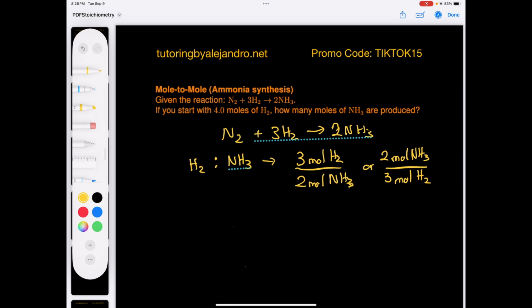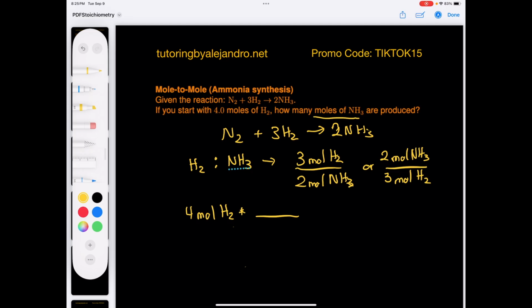Now we're going to decide which of those mole ratios, or unit factors, to use. We have to make sure we end up with moles of NH3 in the end. So let's write out the full units. We have 4 moles of H2 multiplied times, since we want to cancel out moles of hydrogen, the mole ratio with moles of hydrogen in the denominator.